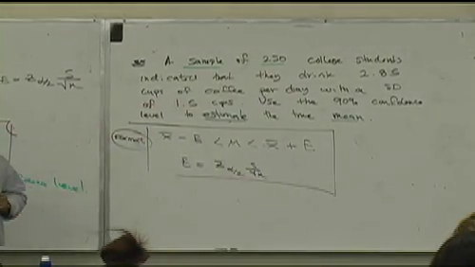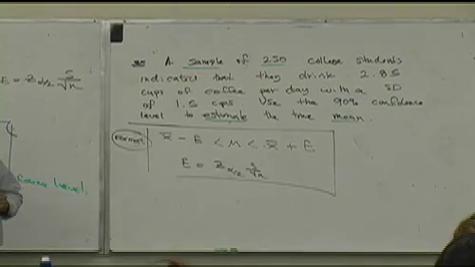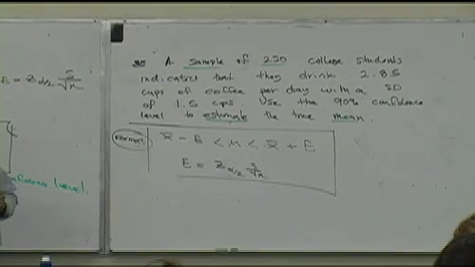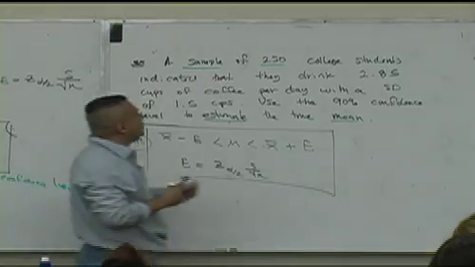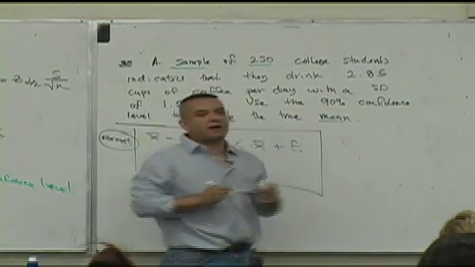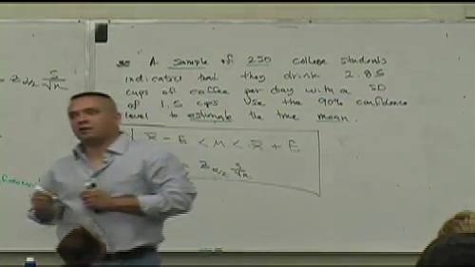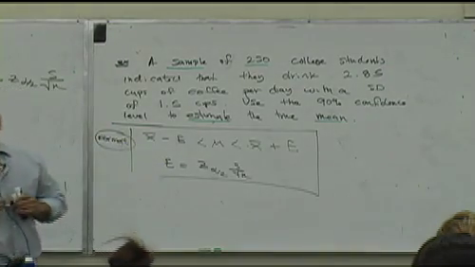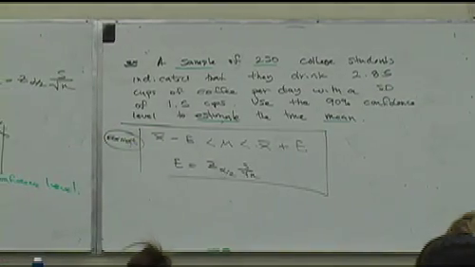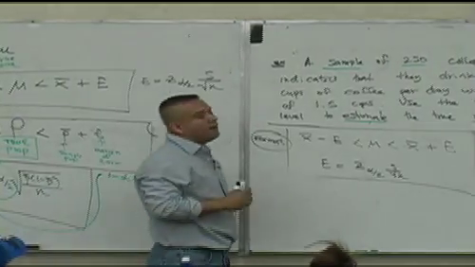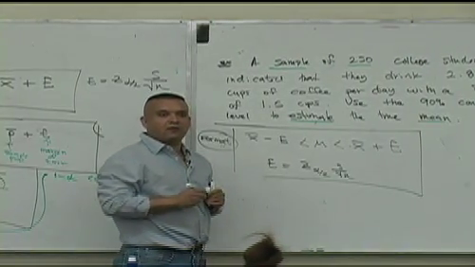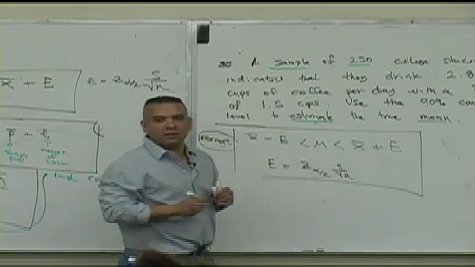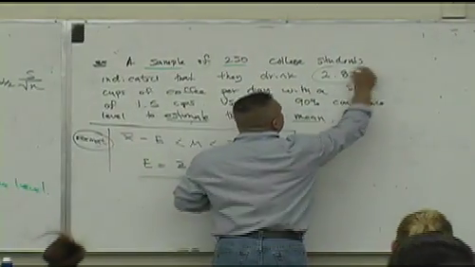Is that true? So you know you have a sample of 250 college students, and they indicate that they drink how much? 2.85 cups of coffee per day. How in the world can 250 people drink 2.85 cups of coffee? What does this value really mean? That this is the mean.